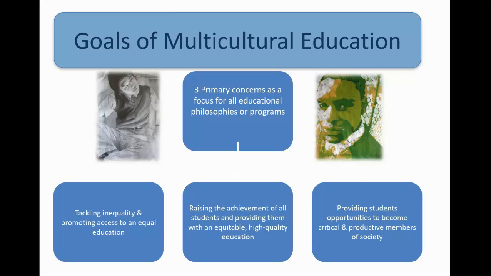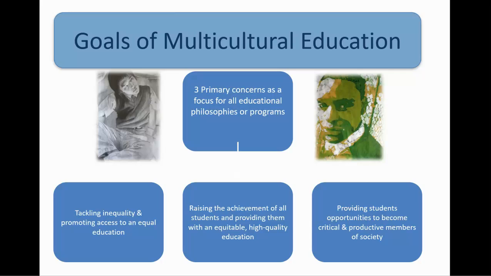So when we think about the goals of multicultural education, and we look at this throughout the time that we're working through this course, we want to think about not just trying to make sure that everybody gets everything that's equal, to make sure that everybody is happy. That's idealistic and would be lovely, but isn't really tackling some of the underlying issues that we have within our schools, within our education system in this country.